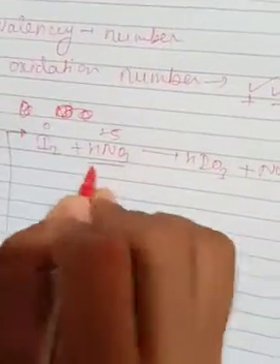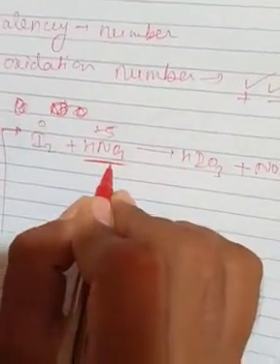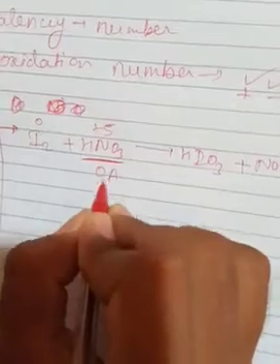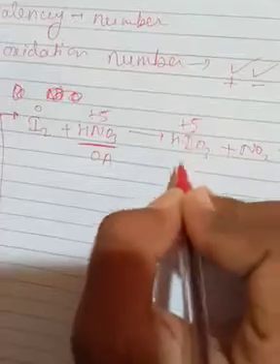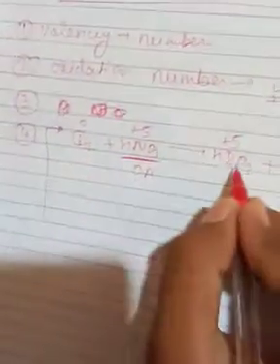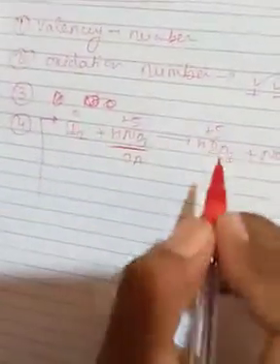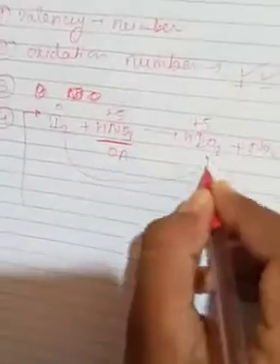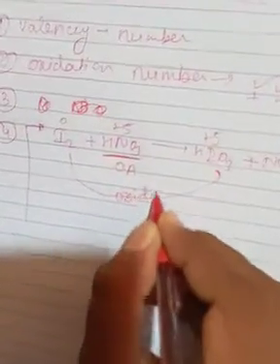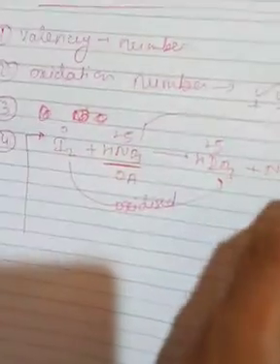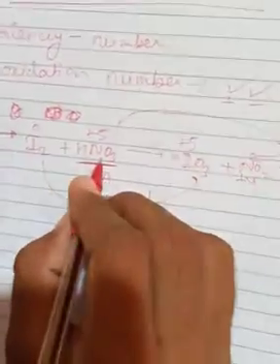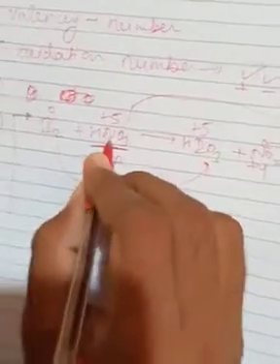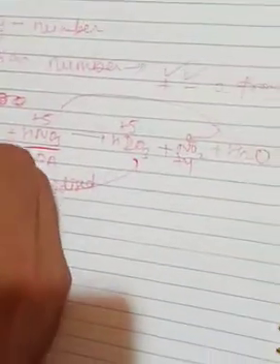HNO3 acts as oxidizing agent. It oxidizes I2 into HIO3, going from 0 to +5 oxidation state, so it is getting oxidized, and itself it is getting reduced, nitrogen going from +5 to +4 oxidation state. This is the first reaction.